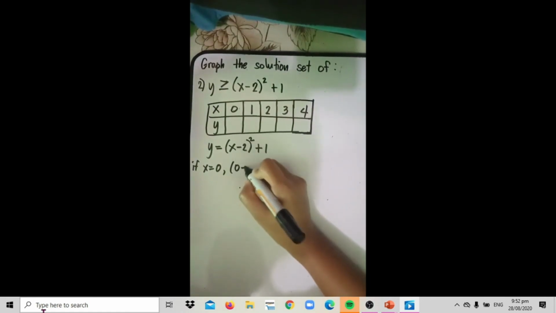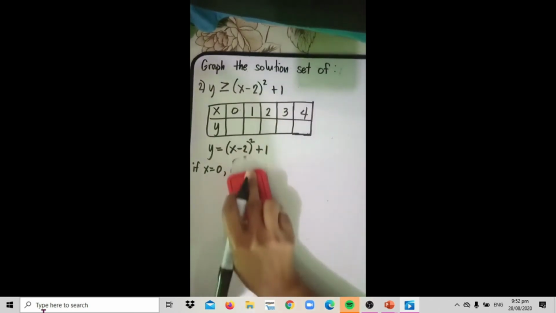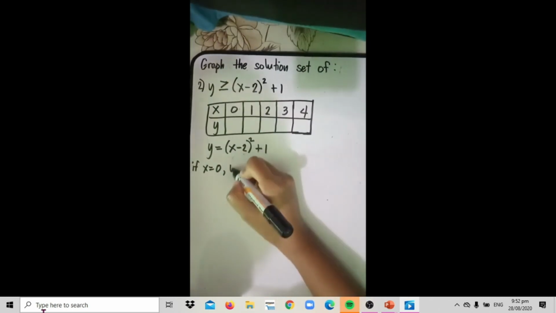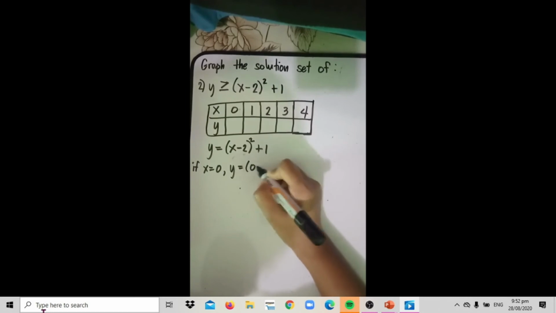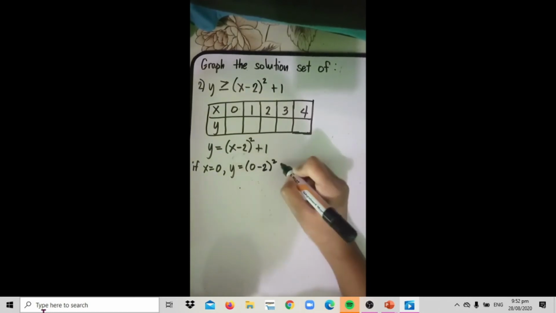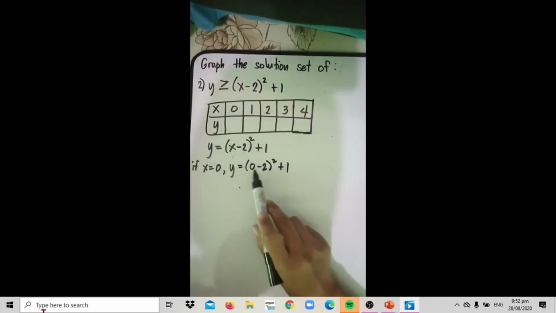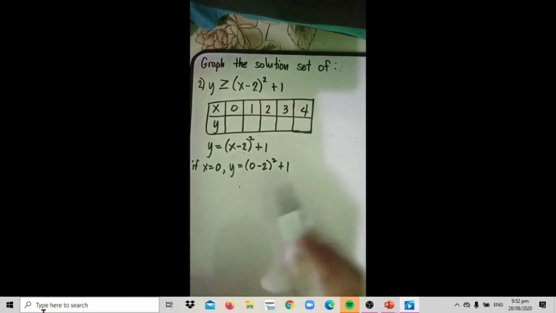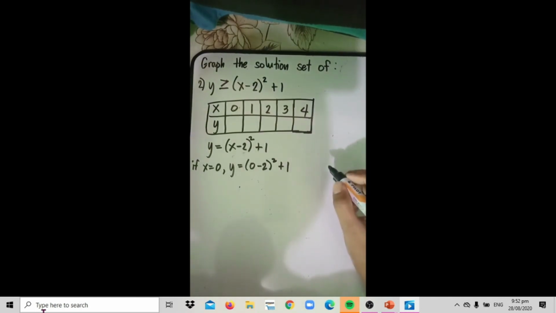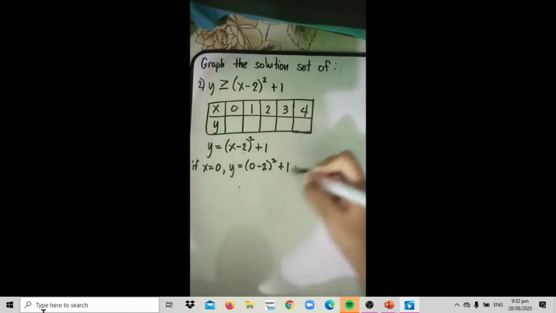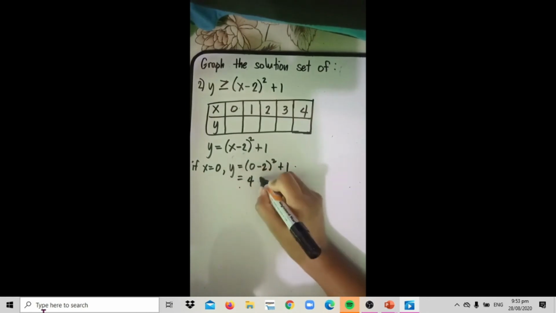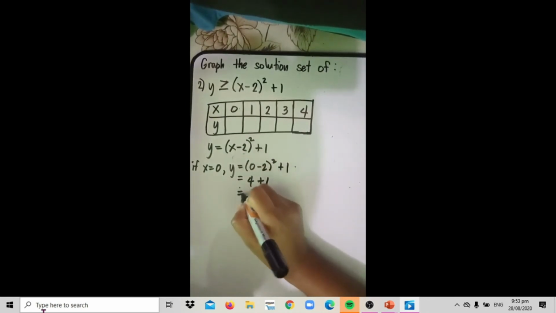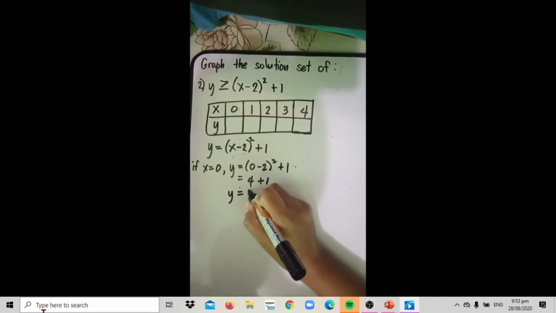So we have y is equal to the square of 0 minus 2 plus 1. So 0 minus 2 is negative 2. Negative 2 square is, yes, positive 4. So that is 4 plus 1. So therefore, our y is, yes, 5.